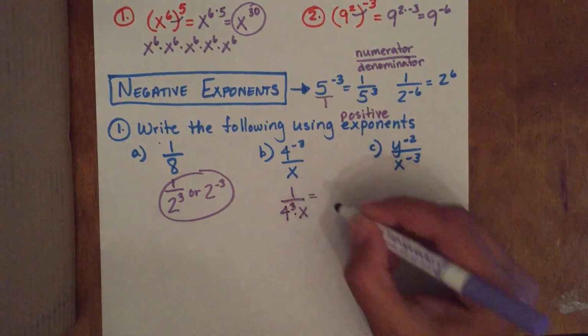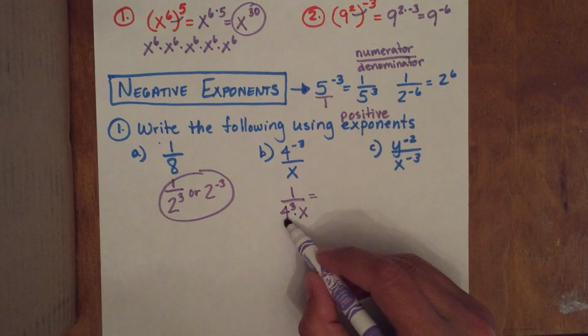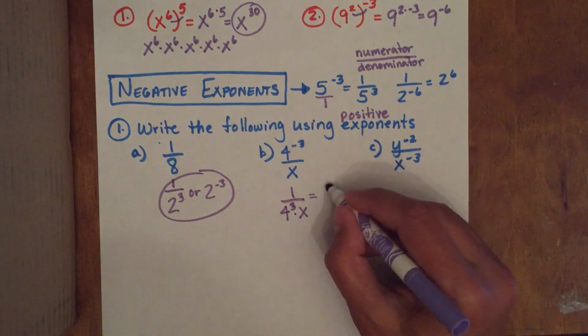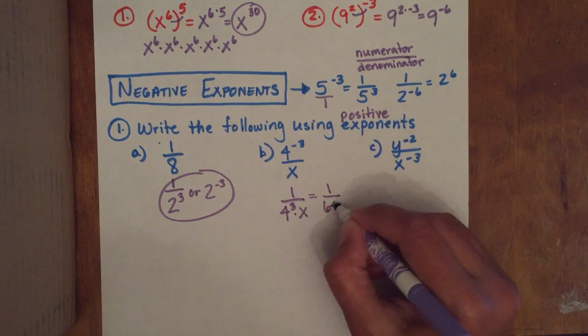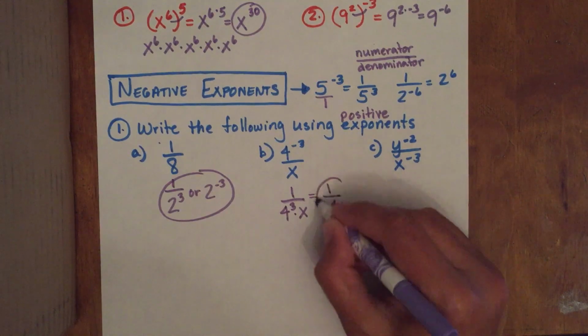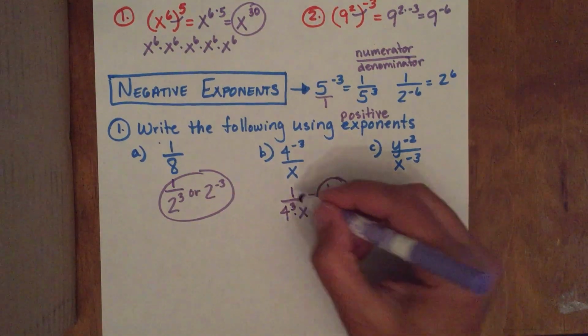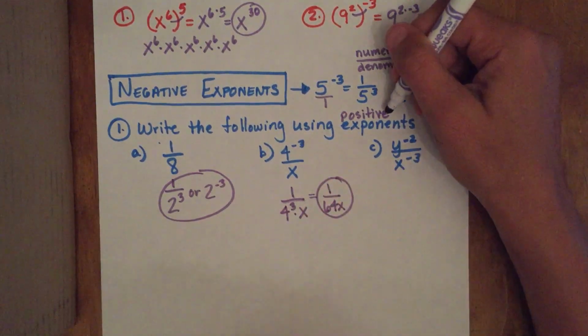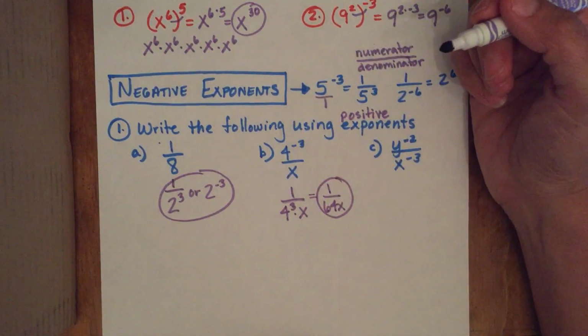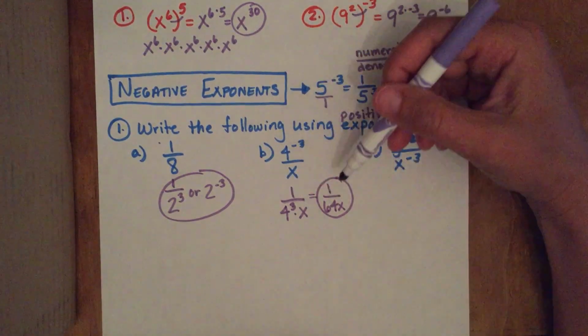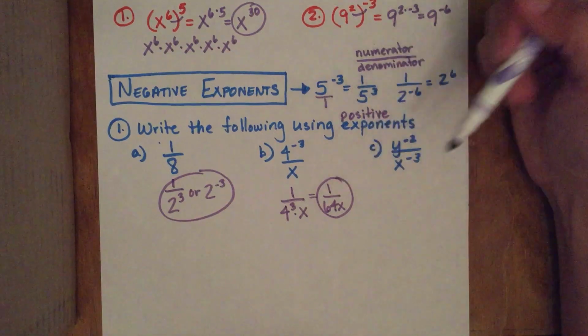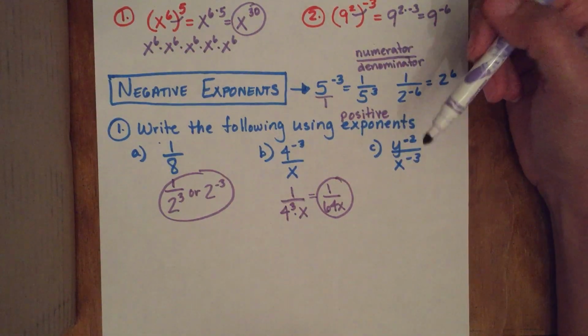And at that point, I'm going to actually go ahead and multiply this out. 4 cubed is 64. So it's 1 over 64x. This would also be acceptable because I asked you to write it as exponents. But if you want to actually simplify it as much as you can, you've got 1 over 64x.